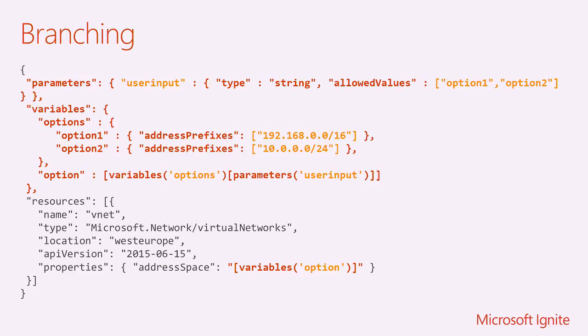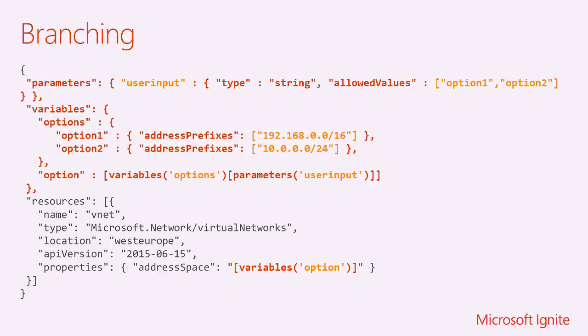In this particular case, we have a parameters user input that has a couple of different options. If you're going to use this template, you can only provide one of those two options, otherwise it's invalid. And then based on those two options, we have this variables section, this options variable, which has option 1 and option 2.